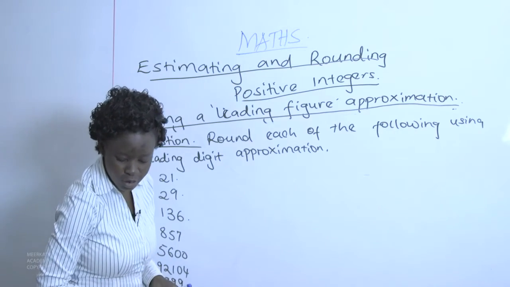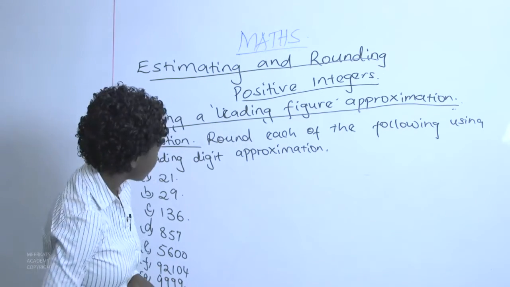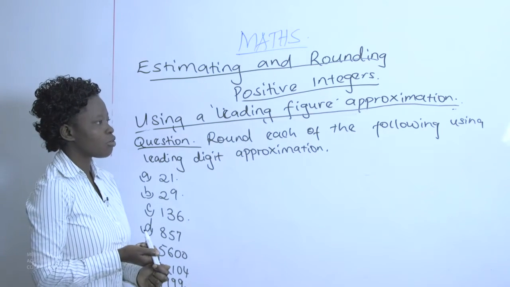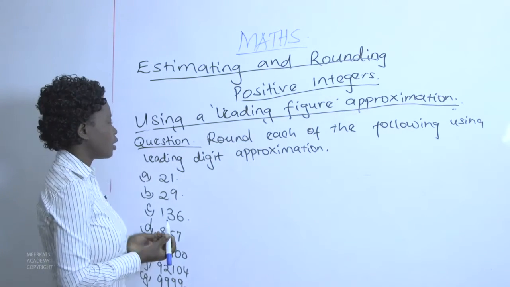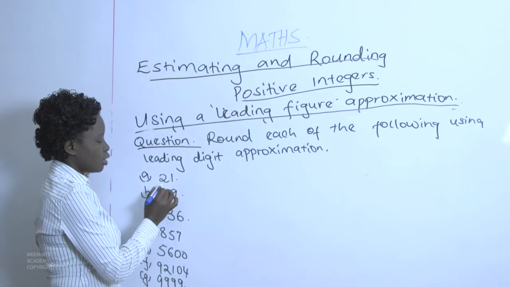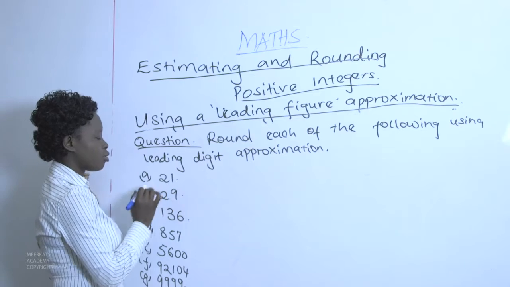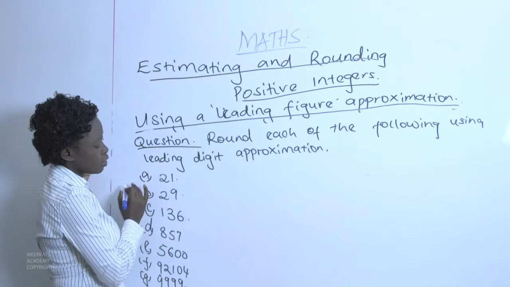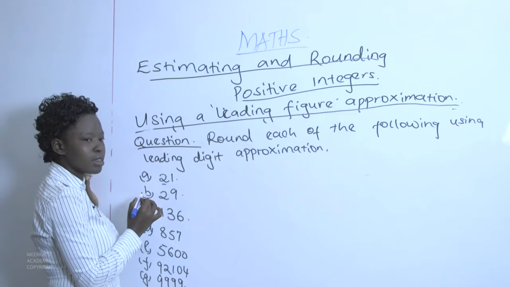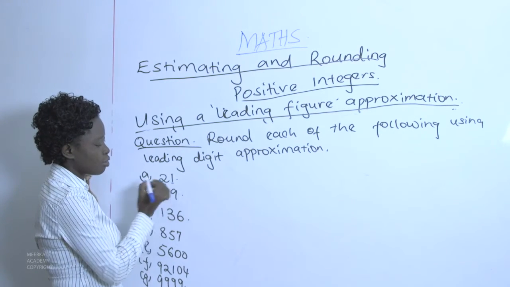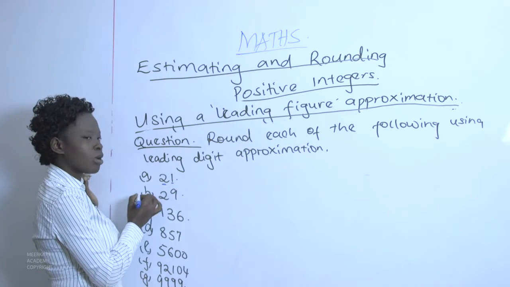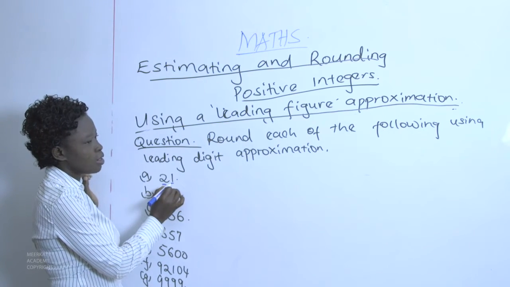So we have the task on the board where we are asked to round each of the following using leading digit approximation. So the first number we have is 21. Our leading digit in this case is 2. So 2 being the leading digit, we check the next digit and we discover that the next digit is 1, and 1 is less than 5.